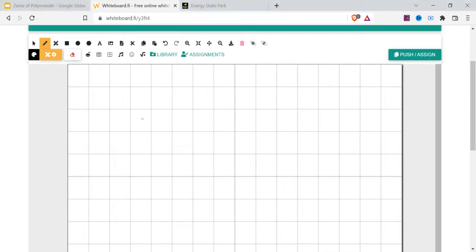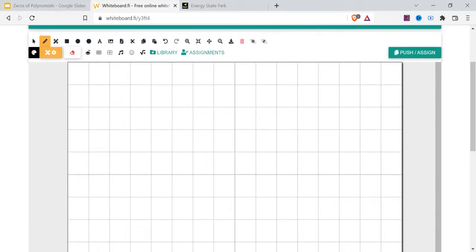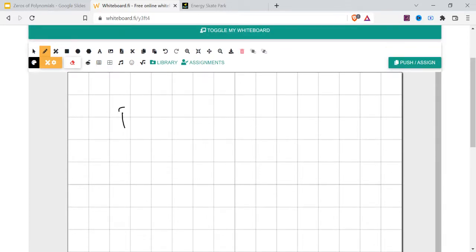Suppose we have a polynomial equation, which we can see on your screen: p(x) equals x square plus 5x plus 6. Now say, for example, I put x equals 1 into the equation.